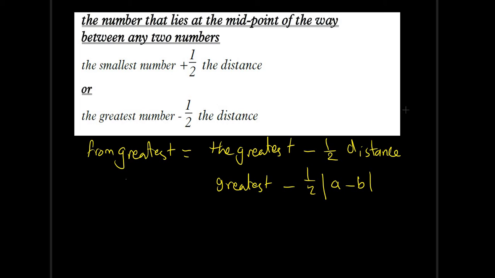So the greatest here is 8. So 8 minus half times 6 equals 8 minus 3 equals 5. It also gives me the same number. In the case of the halfway, from the greatest or smallest, it gives you the same number. But if you find the third way or fourth way, it will not give you the same number because they are in different positions.